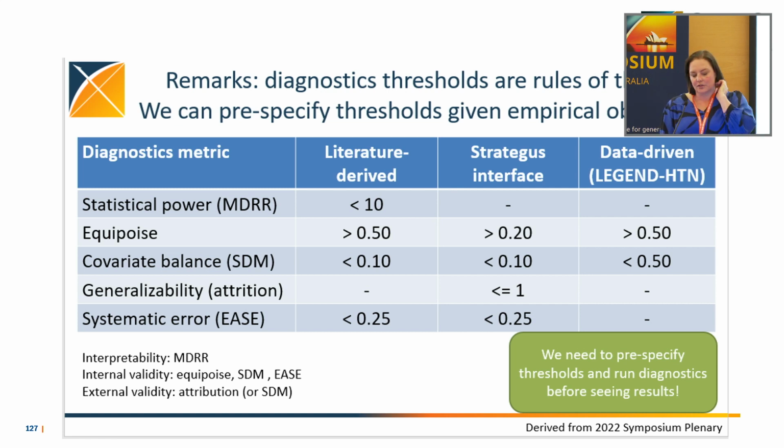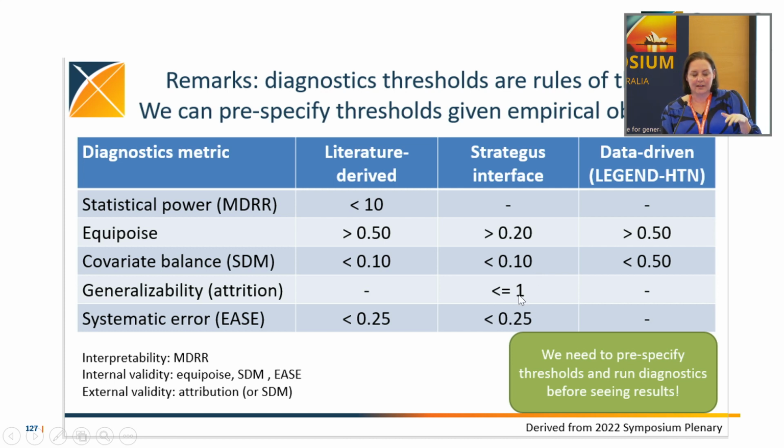Now, the interesting thing about Strategis is that as Martijn mentioned, we do set our diagnostic criteria at the start. And so for the Strategis interface, the diagnostic criteria are set such that the equipoise has to be greater than 0.2, the covariate balance standardized mean difference has to be less than 0.1.